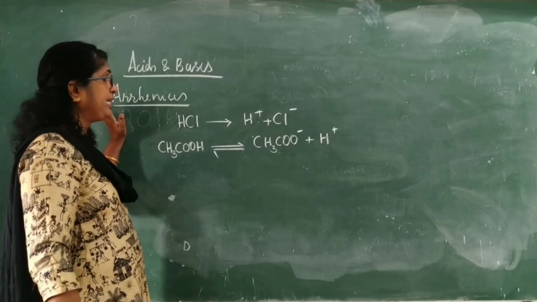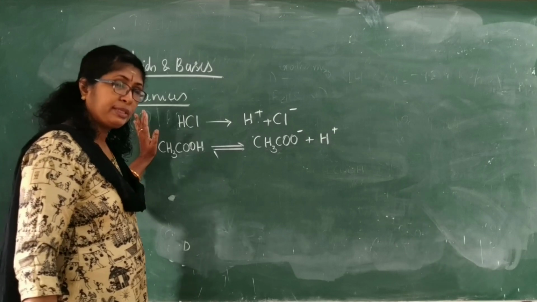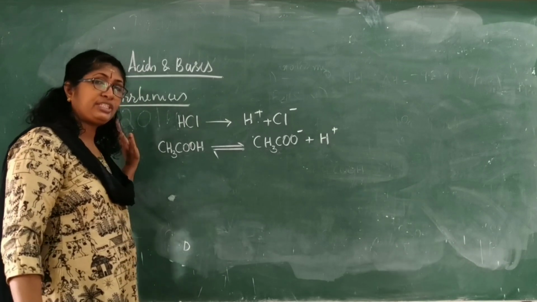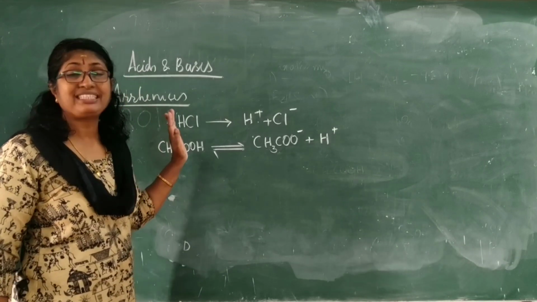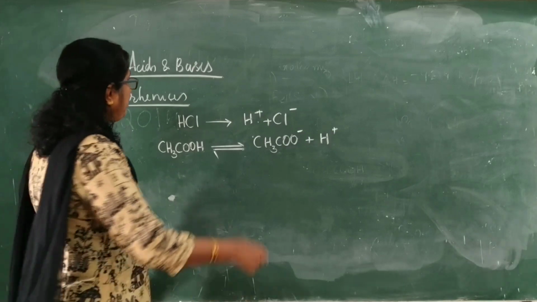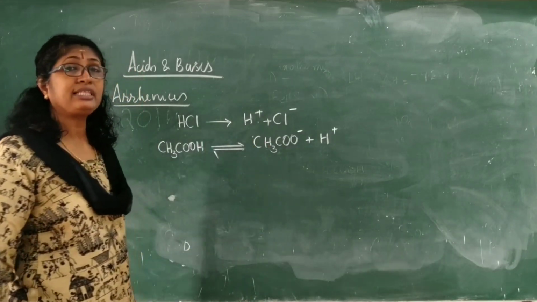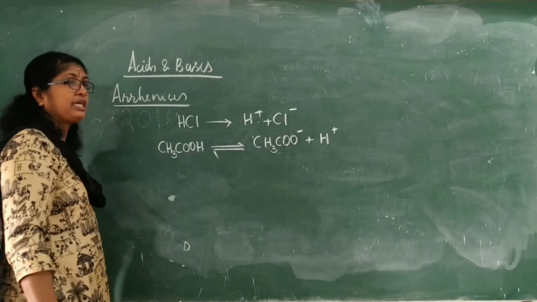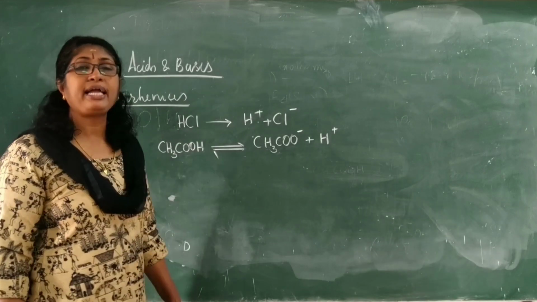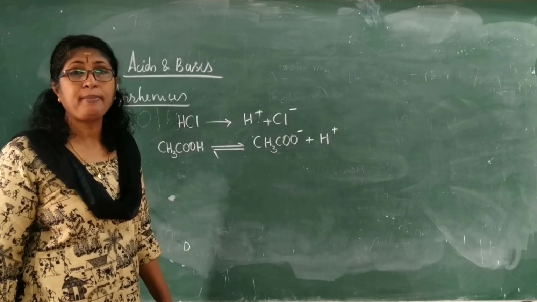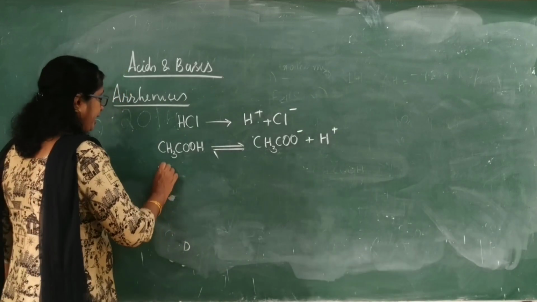So according to Arrhenius, acids are substances which dissociate or ionize in water to give H+ ions. And we have studied that these H+ ions produced in water combine with water molecules to form hydronium ions.